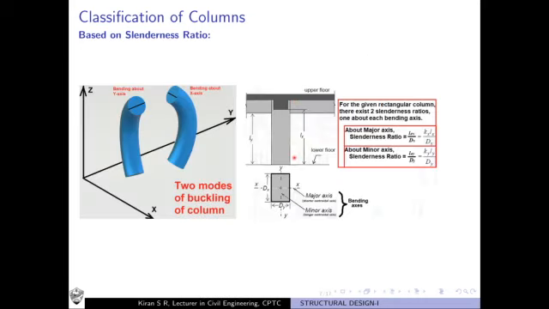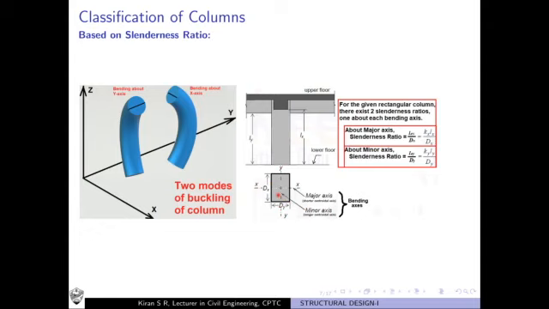In rectangular cross-sectional columns, we have to define the slenderness ratio about both lateral dimensions, along the major axis as well as along the minor axis. You carefully observe here, the major axis we called xx, which was the shortest axis. The minor axis we chose yy, which is the longest axis.